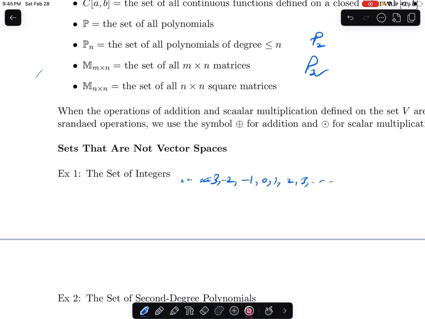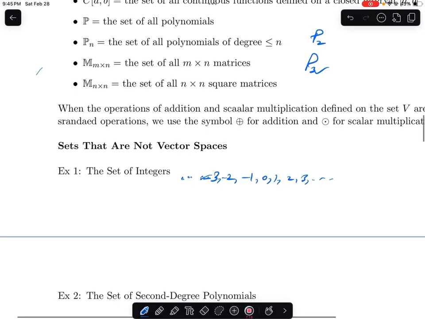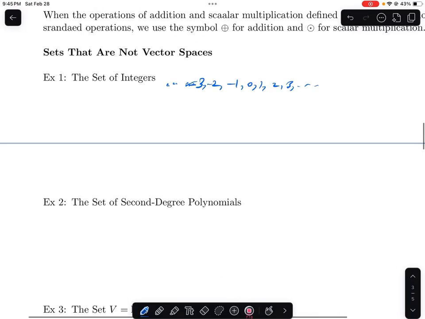Why is it not a vector space? The first axiom is to check if two numbers taken from these integers and added together give us an integer. That is true: any integer a plus b will give you an integer c. So this is satisfied. The one that is not satisfied is scalar multiplication.